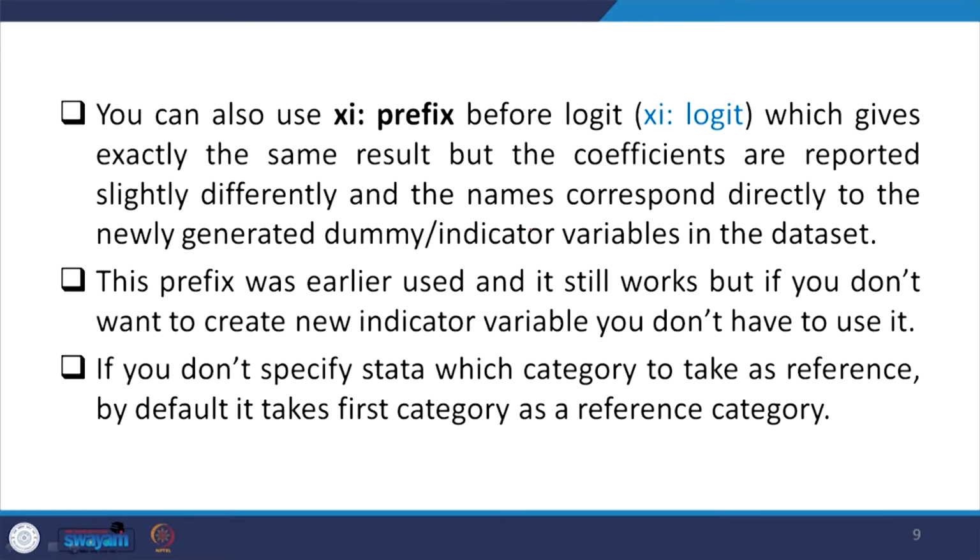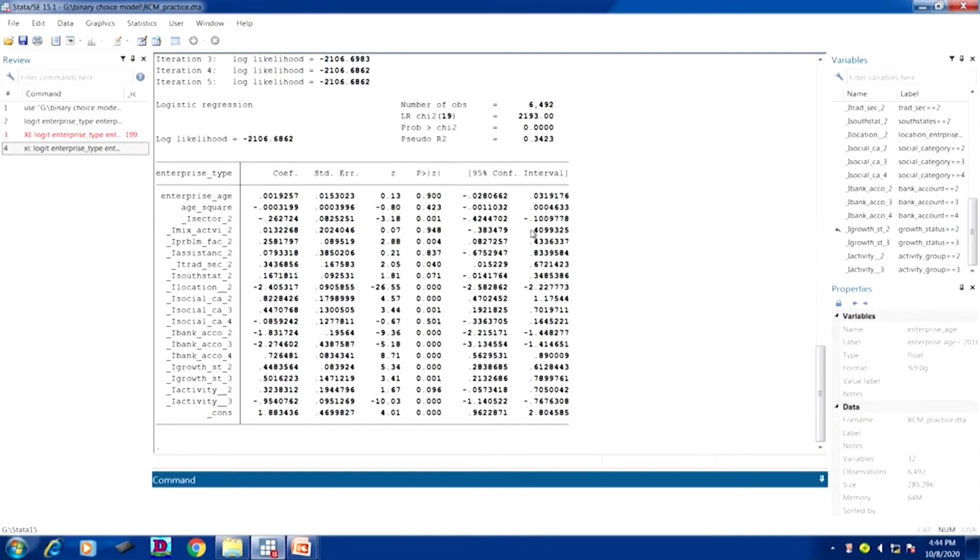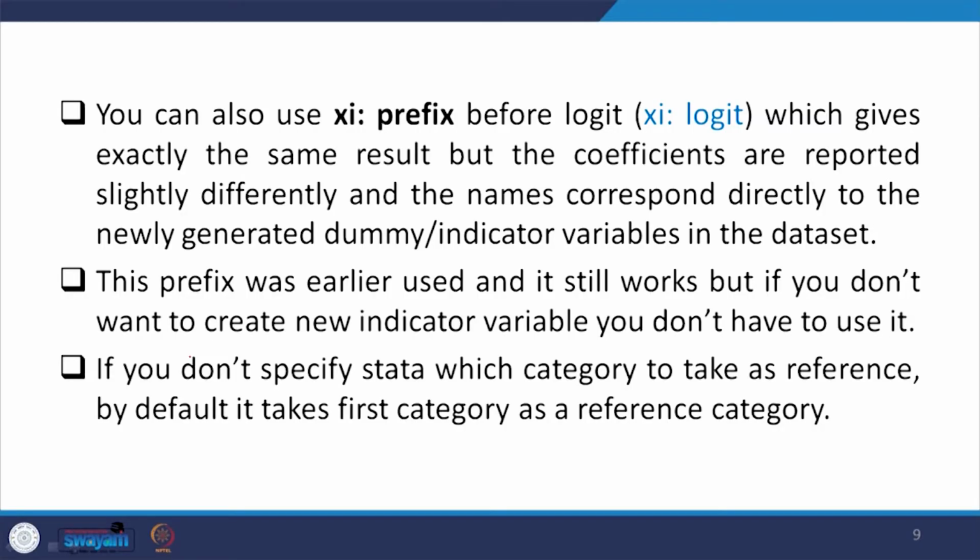Coming to the interpretation further, this prefix was earlier used and it still works, but if you do not want to create a new indicator variable, in the variables itself it identifies the indicator variables, and these are added in the data set itself. But in the earlier case, it is not showing the indicator variable or not added at all. If you do not specify to Stata which category to take as reference, by default it takes the first category as the reference category.